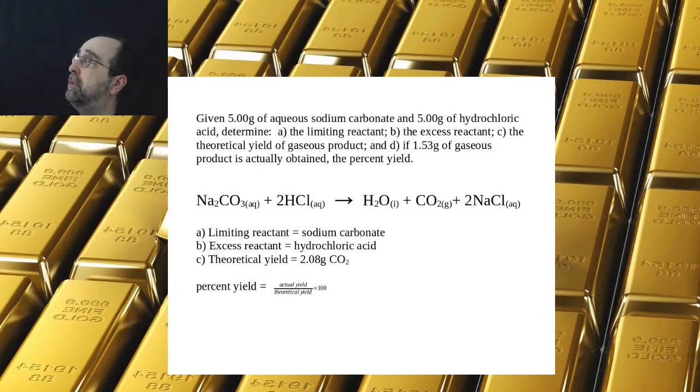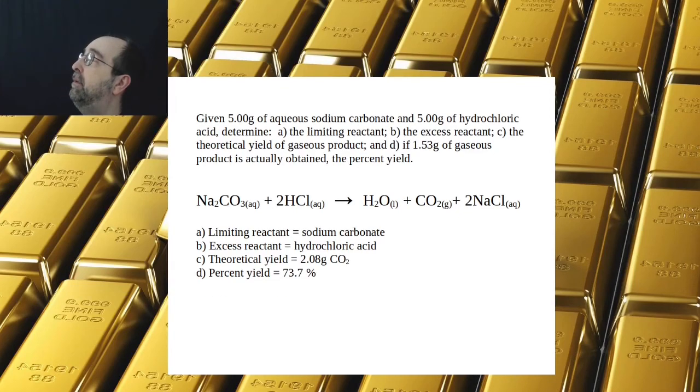We know the actual yield from the question in part D. They told us it's 1.53 grams was actually obtained. But what's the theoretical yield? We found that in part C, 2.08 grams. So if I plug those two in, this formula becomes 1.53 grams divided by 2.08 grams times 100. And that would give us 73.7% yield. And that gives us the answer to part D. Our percent yield is 73.7%.